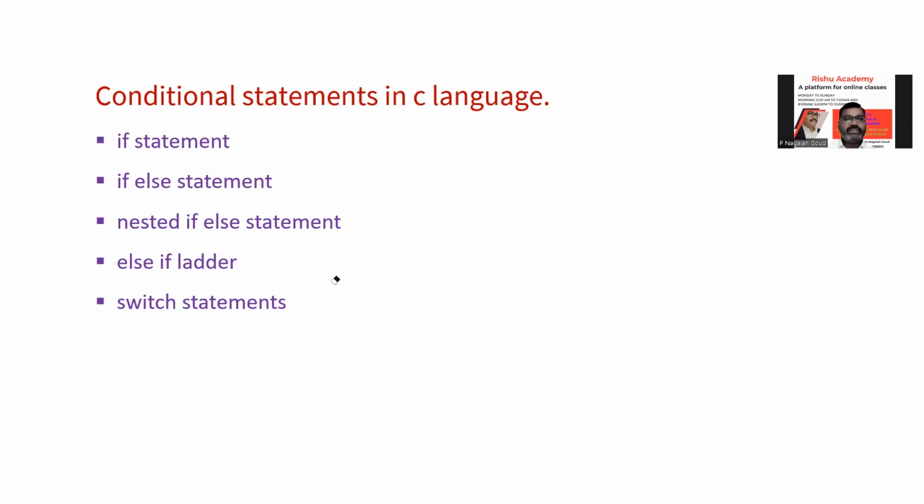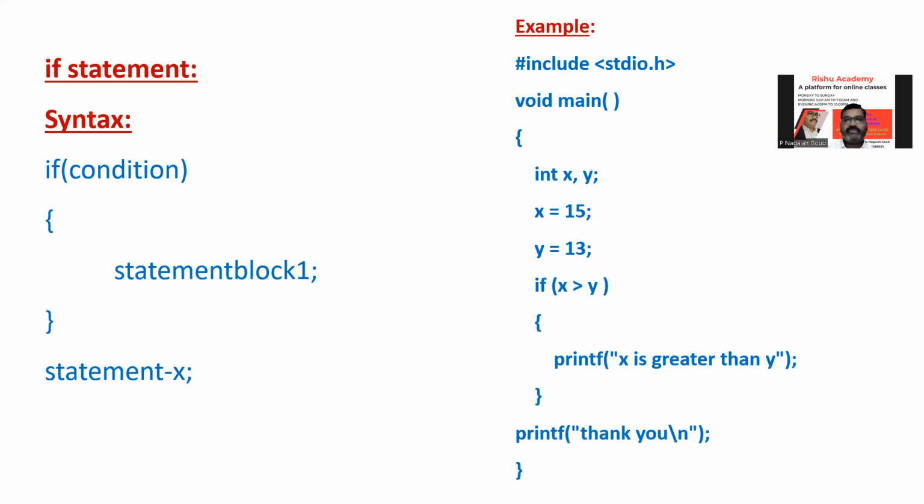The first one is the if statement. What is the if statement? The if statement consists of a condition. It helps us to take the decision whether to execute the statement block or not.